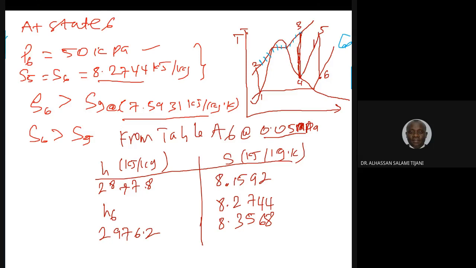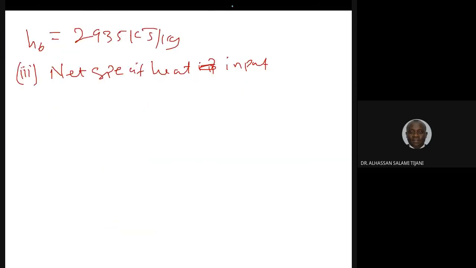And then there will be another heat input for reheating from state 4 all the way to state 5. So we need to consider these two situations. So the total Q in, the net heat input, is going to be Q23 plus Q45. So now that's what we are going to write over here.